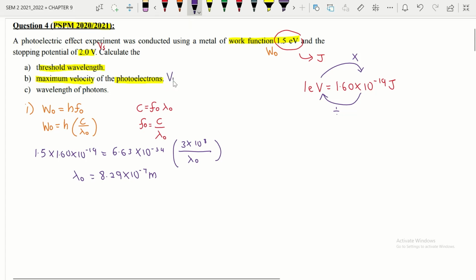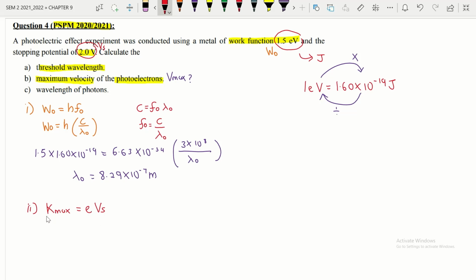Okay, so the next question is to find the maximum velocity of the photoelectron. So we are looking for the maximum velocity. So how do we tackle this question is, we know we already have our stopping potential, and kita tahu kalau formula untuk kinetic energy, maximum kinetic energy, dia akan sama juga dengan e darab dengan stopping potential, your electron darab dengan stopping potential.